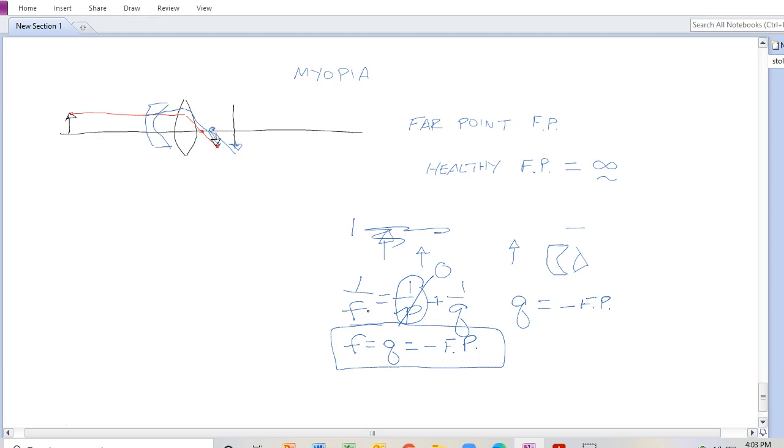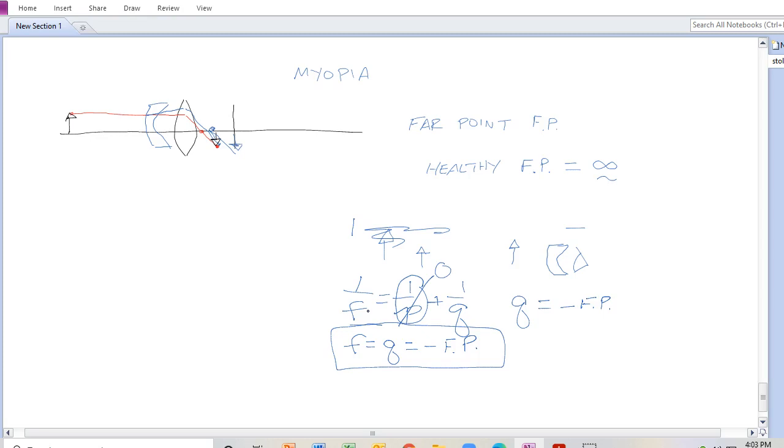Once you determine the far point of your eye without any prescription lenses, then go to the lens maker's equation and grind yourself a negative lens with a focal length that's negative that far point, and you should see okay.